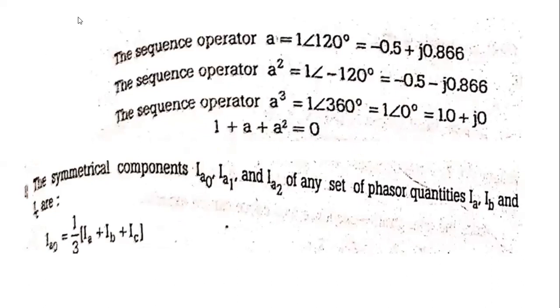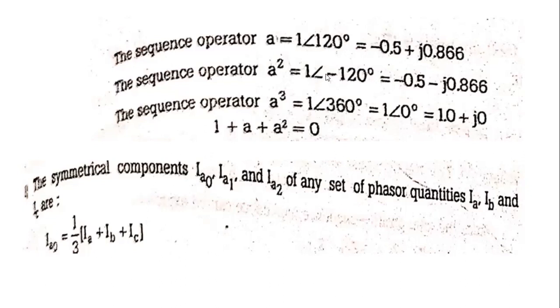Next, coming to the sequence operators. We are considering the sequence operators, that is A, A square and A cube. A is equal to 1 at an angle of 120 degrees, which equals minus 0.5 plus j0.866.